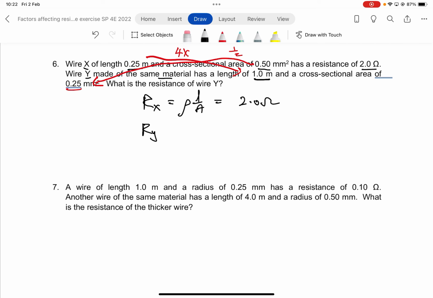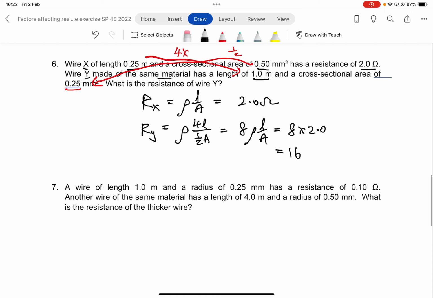The new wire, rho L is 4 times. Area is halved. All right, so 4 divided by half is 4 times 2, correct? Which is 8. So 8 rho L over A is 8 times 2 is 16 ohms. Agree?